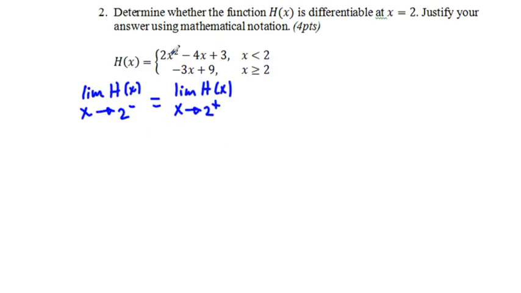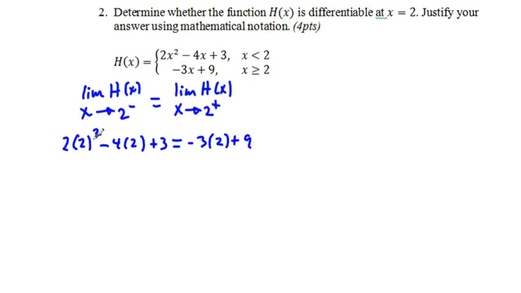So if we just work this out, on the left side we have this 2x squared, so we have 2 times 2 squared minus 4 times 2 plus 3 equals negative 3 times 2 plus 9.